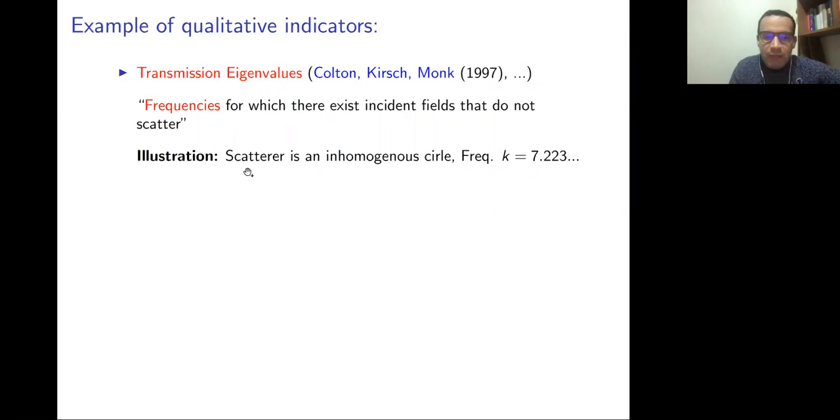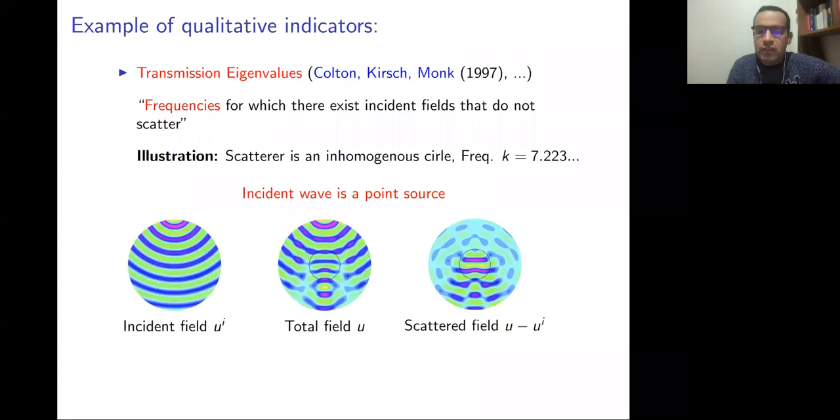For example, in the case of a circle here, which is inhomogeneous, we take the frequency k here, which is a special frequency. Of course, if we send any point source wave, you can see it here, we obtain a field, which is called the total field, for which there is something that is scattered. What is outside the scatterer is what we call the scattered field.